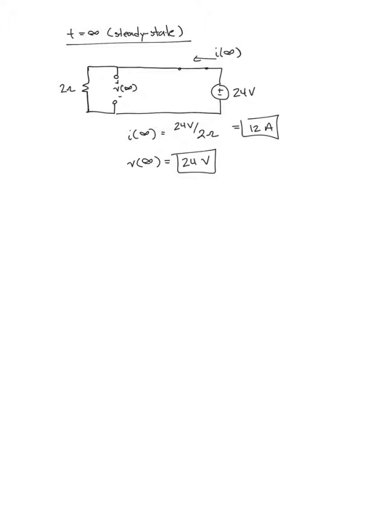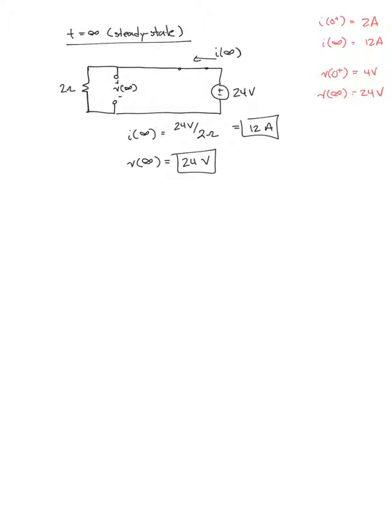Okay, so just as a reminder, we found so far I0 plus is 2 amps, and I infinity as 12 amps. So we're going to see that that current increases. We've seen V0 plus is 4 volts, and V infinity is 24 volts, so that voltage is going to increase.